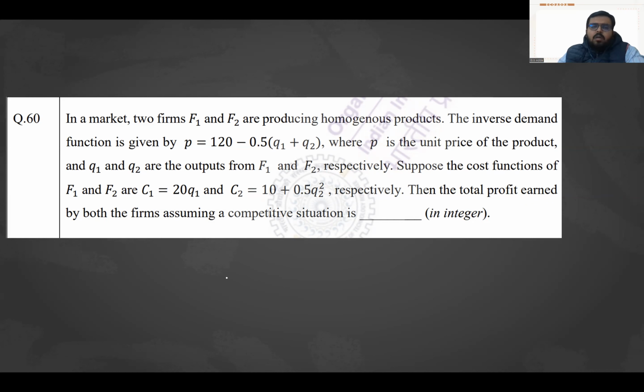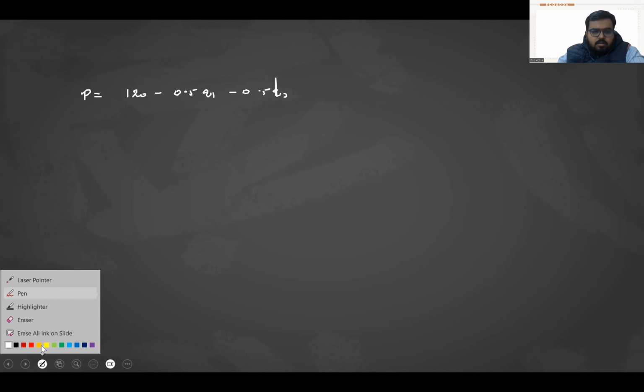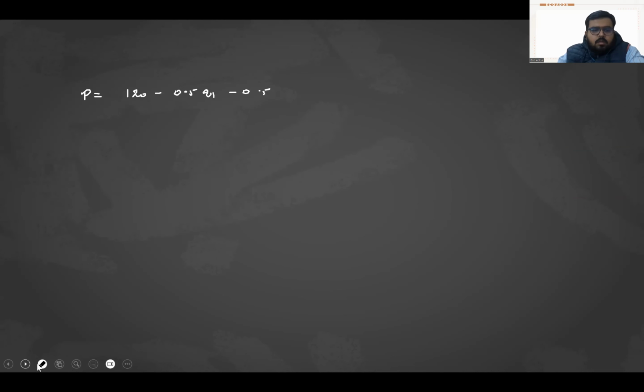So basically we have the demand and cost functions, so let's write them once. We have P = 120 - 0.5Q1 - 0.5Q2. Right now, we have C1 = 20Q1 and C2 = 10 + 0.5Q2². I am writing the profit function of firm 1, which is nothing but TR1 - TC1.